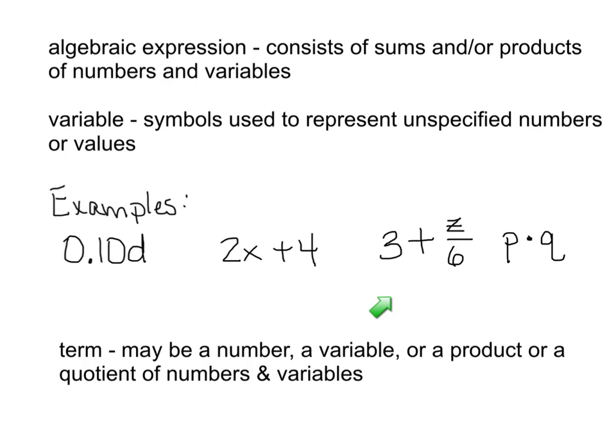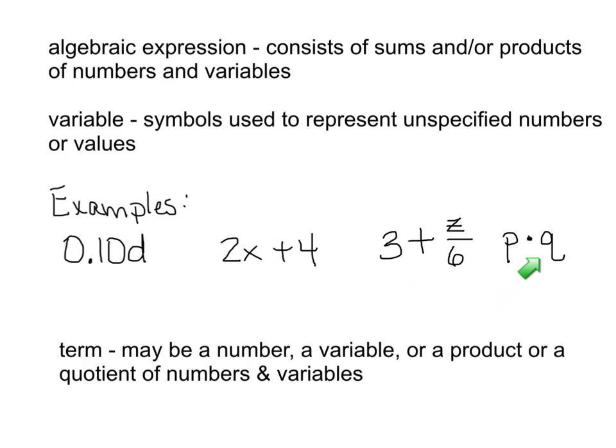Okay, same thing here. In this expression that I just pointed to, the 3 is a term, and the z divided by 6 is a term. So both of these, this expression and this expression, each have 2 terms.